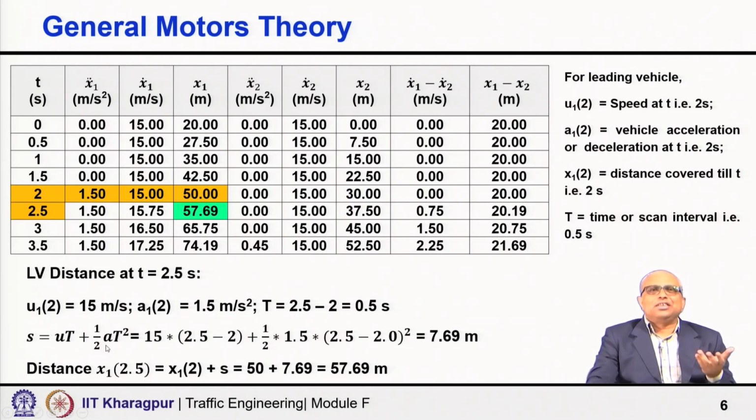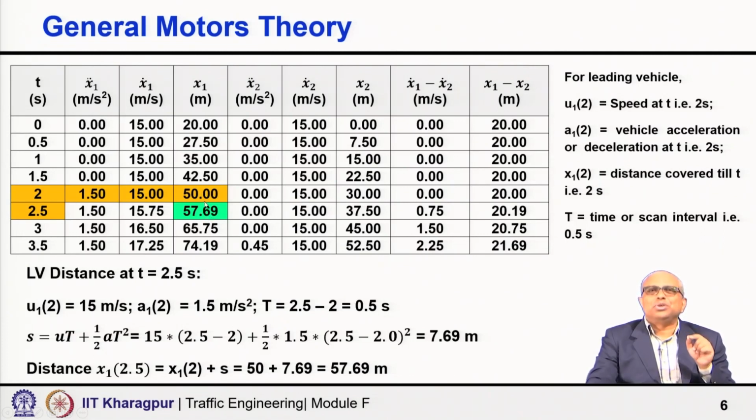Let us take the generalized s equal to u t plus half a t square and try to see how we can calculate the x 1 value at t equal to 2.5 seconds. When we are trying to calculate the distance at t equal to 2.5 seconds, we are trying to calculate how much distance it will move between 2 and 2.5 seconds, within that 0.5 seconds.